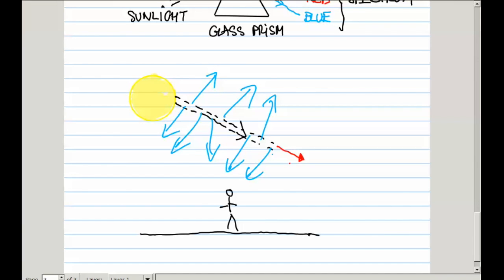So because the blue light is scattered by the dust particles in the atmosphere in all possible directions, to us on Earth it looks like blue light is coming from all possible directions. And that gives the sky this blue color that we observe.